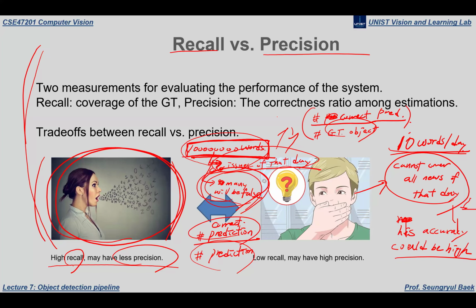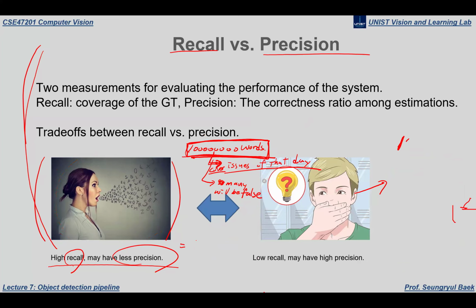That's actually the recall, okay? But this is the precision.